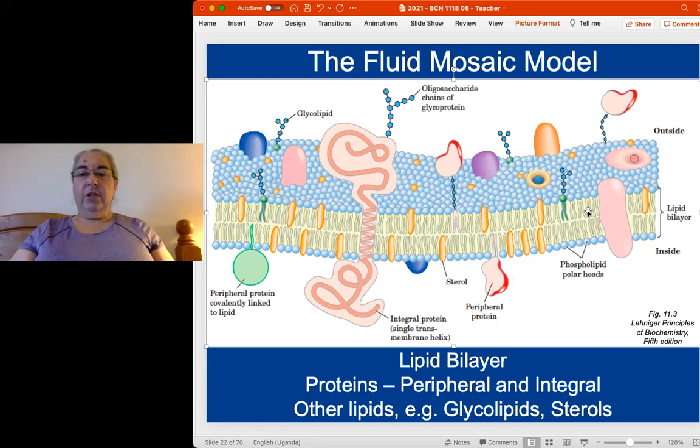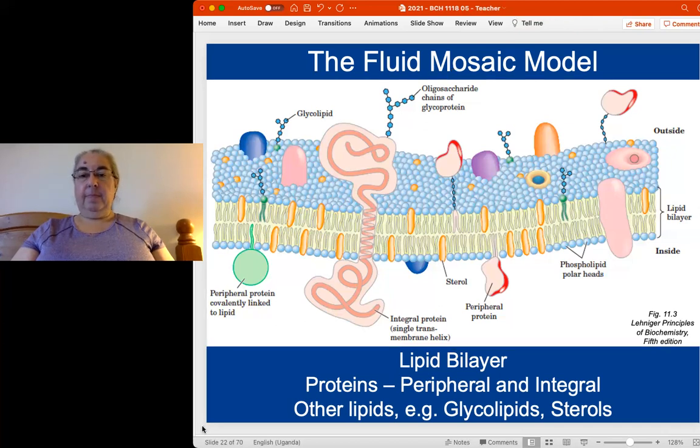So we've got lots of different other things as well as the lipid membrane attached here. So we've got the peripheral proteins and the integral proteins, and we've got other lipids such as glycolipids and sterols. Here's the sterol, as I said, and here's a glycolipid. That's a lipid with a sugar attached to it.